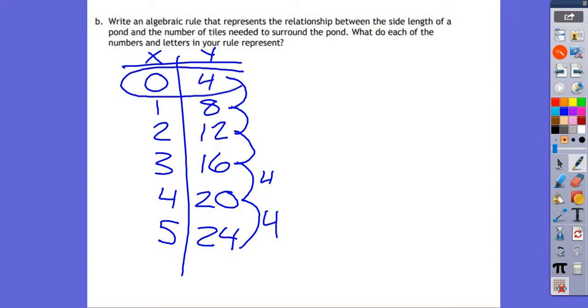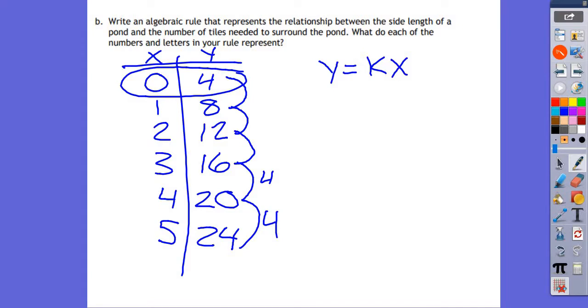Well, that is important to me, because is it going through the origin? No, we already saw that on the graph. So was this situation proportional? No. So we know how to write equations that are proportional that look like this. But is this proportional? No. That means this equation needs to have something added or subtracted to it.